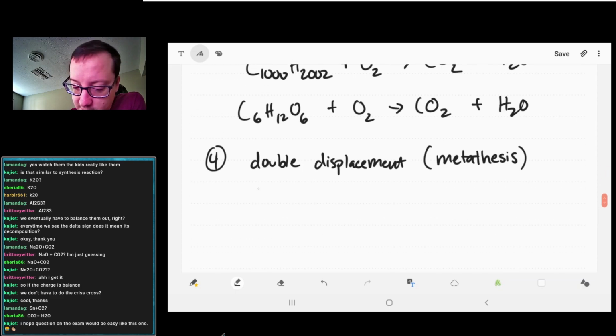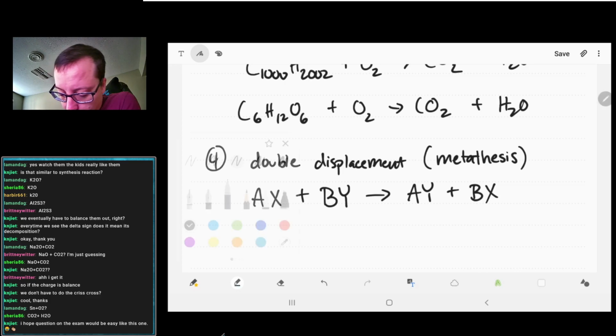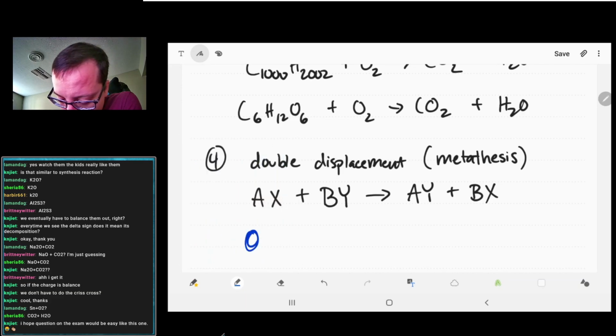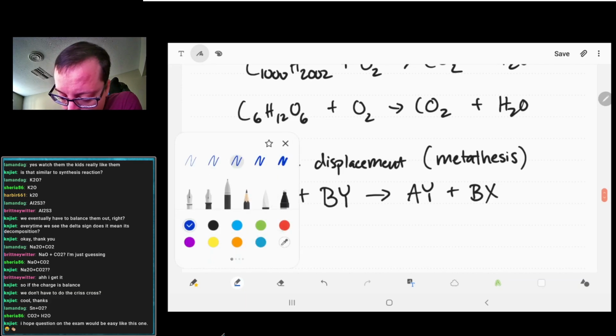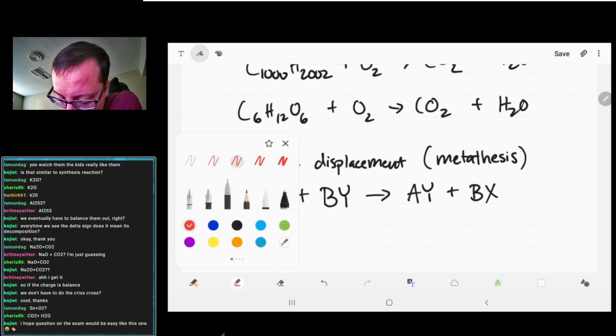And how this works is you're going to have two ionic compounds producing two different ionic compounds. If we want to think about this in terms of fun colors, purple, yes.